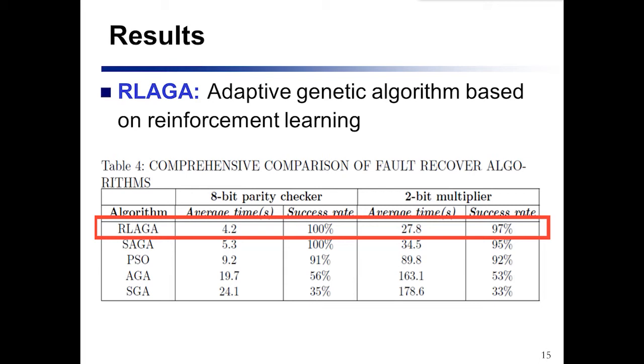In the time-consuming and evolutionary success rate, Table 2 respectively represent the evolutionary recovery results of randomly injecting different circuit faults into 8-bit parity checker and 2-bit multiplier for 100 times, and then adopt this algorithm to carry out fault recovery operation on the chip.